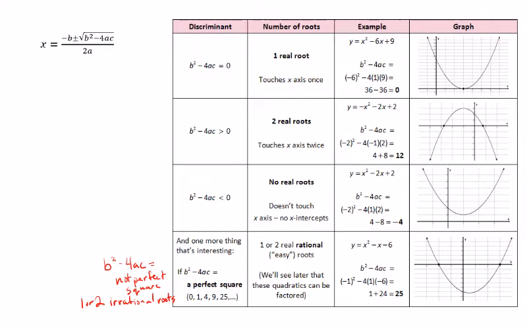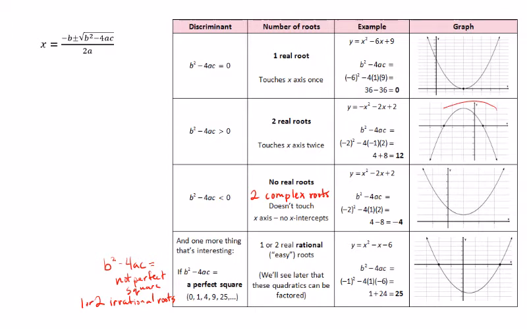Now, if the discriminant is less than 0, that means we're going to get no real roots, which means we get 2 complex roots. We can look at the graphs here. That's going to be a situation where it doesn't cross the x-axis.